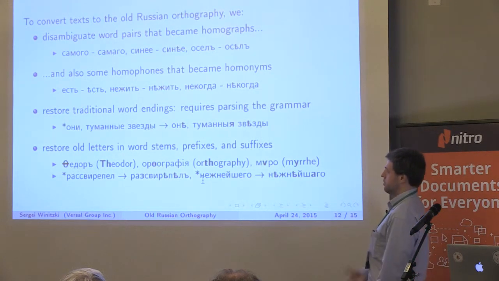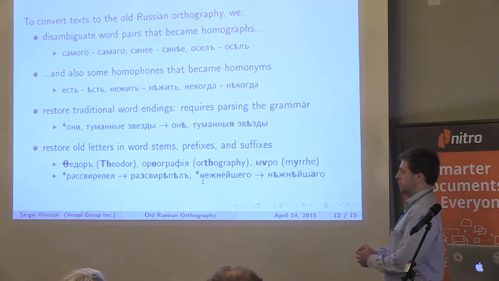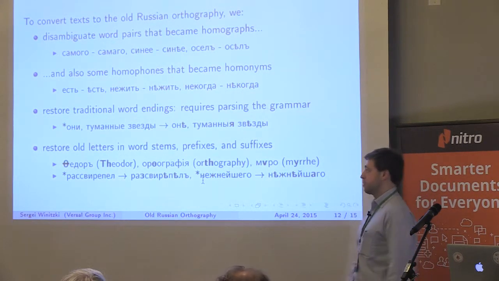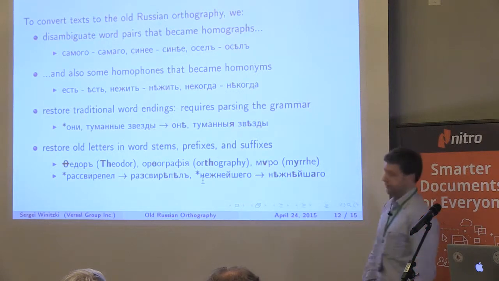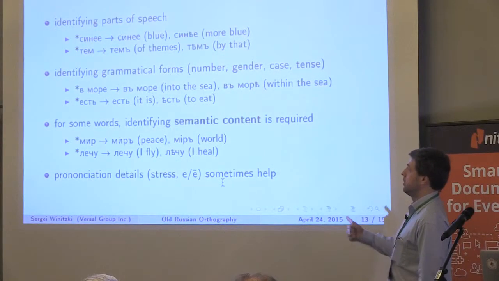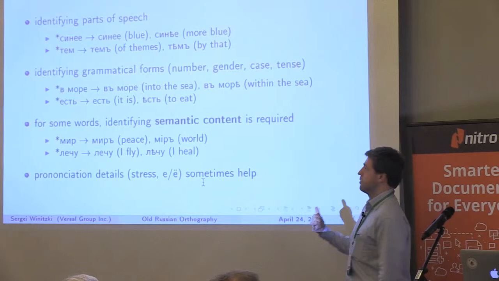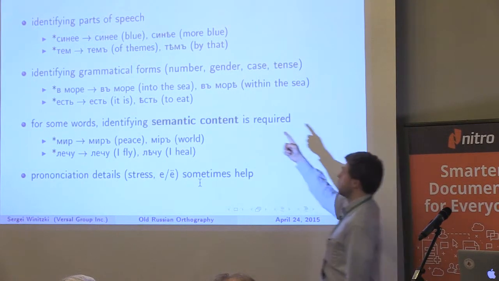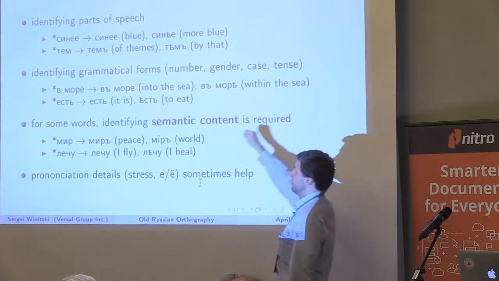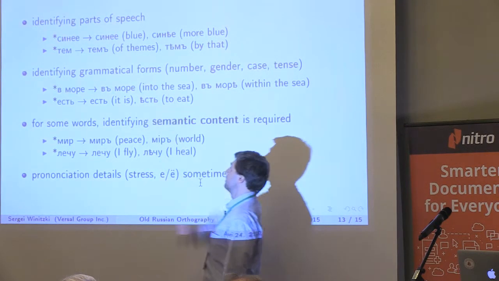Because at that time, there was not a very easy way of getting a part-of-speech tagger or disambiguation based on semantics. However, it is not always sufficient to identify parts of speech. In some cases it is. In other cases, you have to identify the grammatical forms because you insert this eliminated letter only in certain grammatical cases, but not in other grammatical cases.